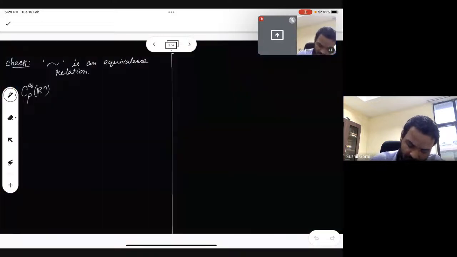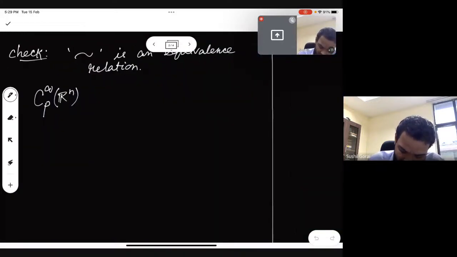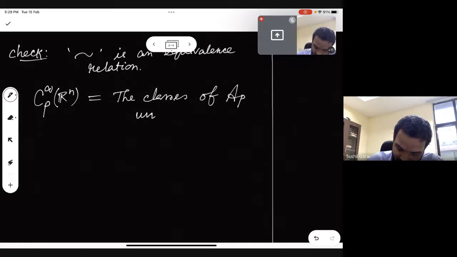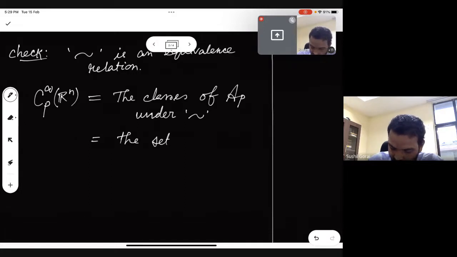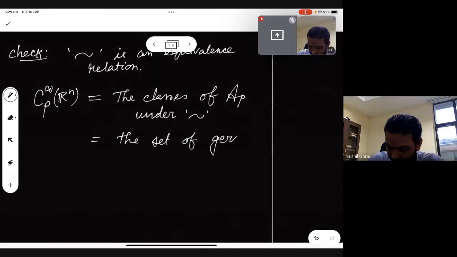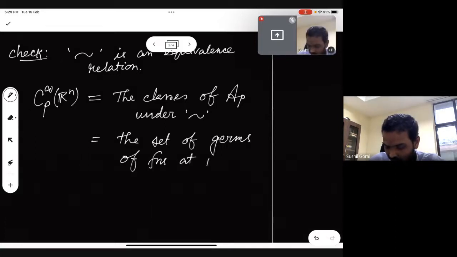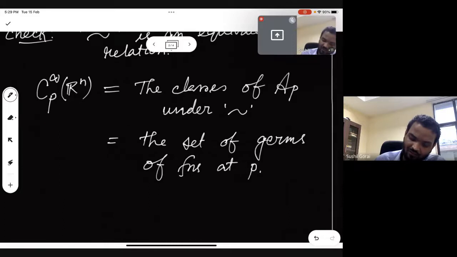Here, this is the set of equivalence classes of A_P under this relation. This is called the set of germs of functions at P. All right, make sense?